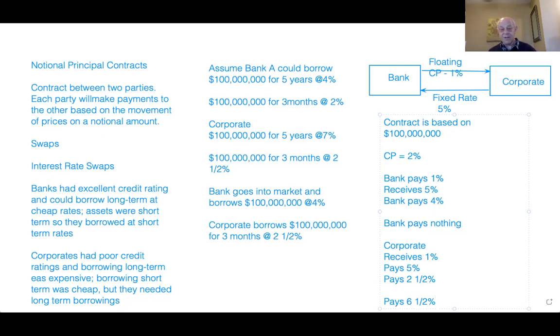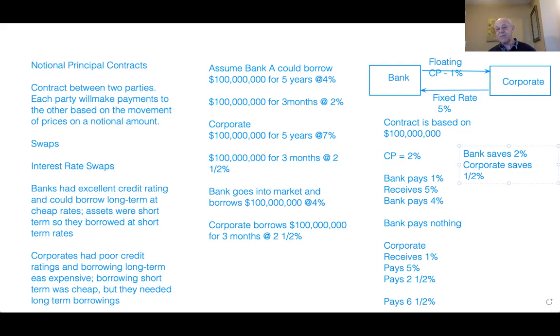And so when you look at the two entities, the bank saves 2% because the bank would have had to borrow short term at 2%. The corporate saves 0.5%. All right, so they're both saving money.